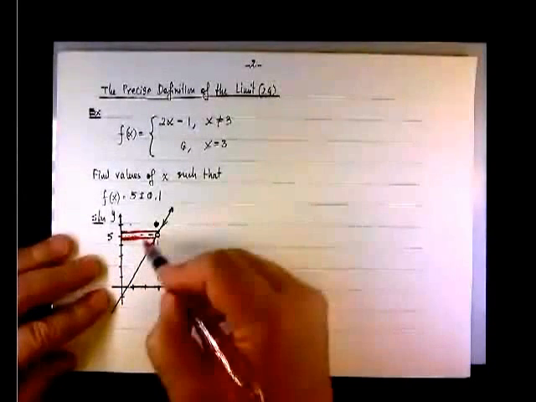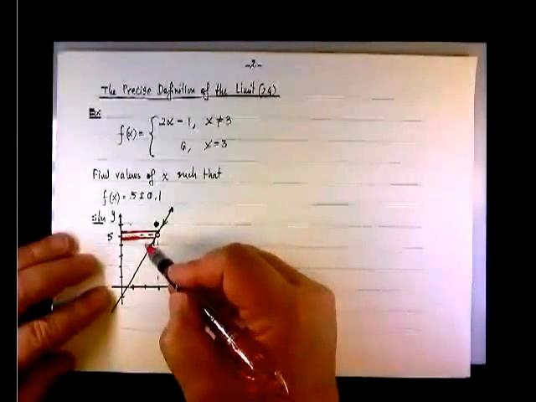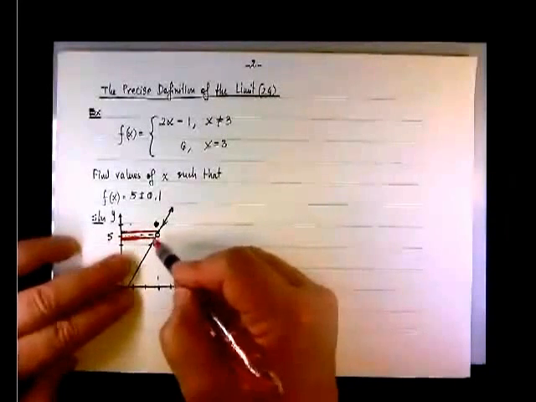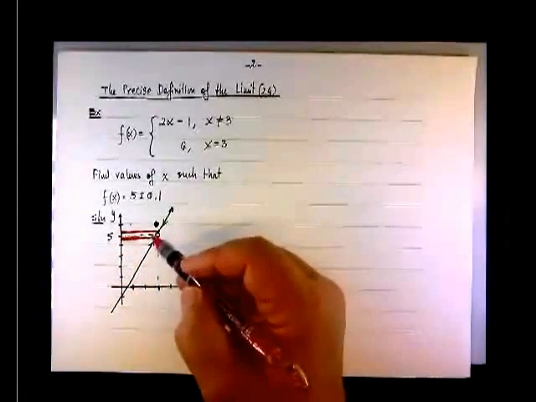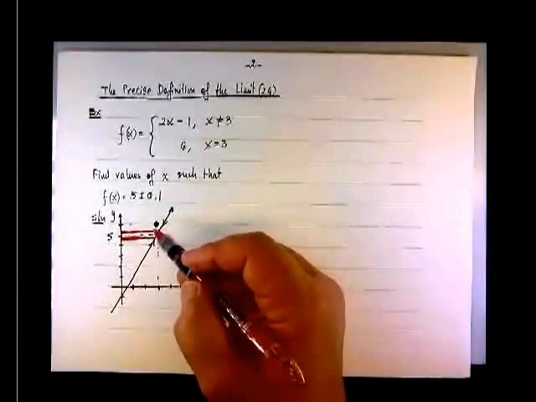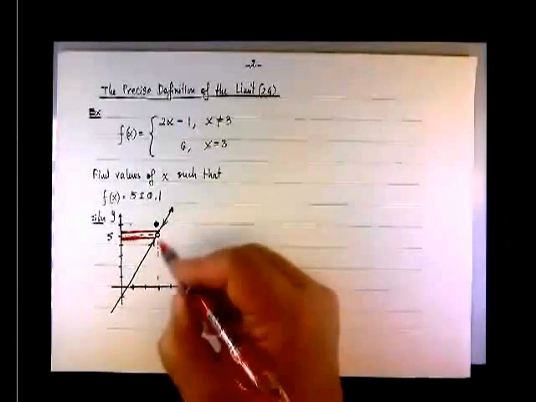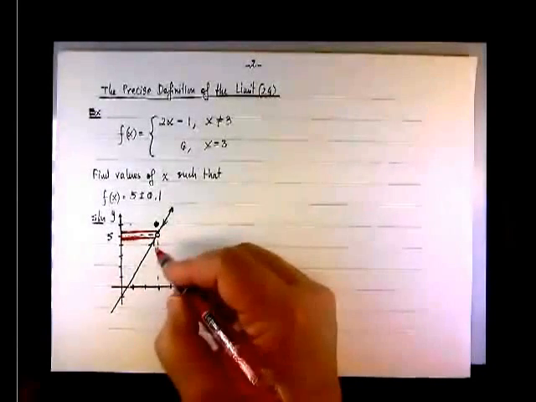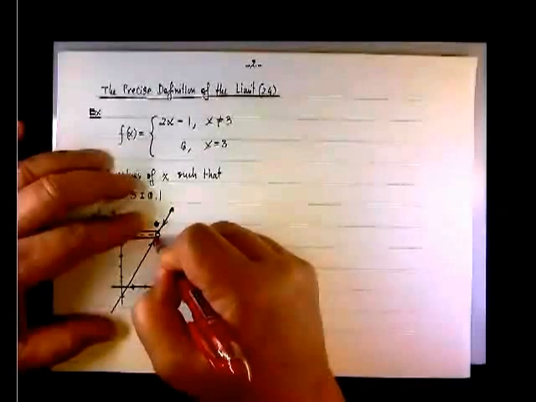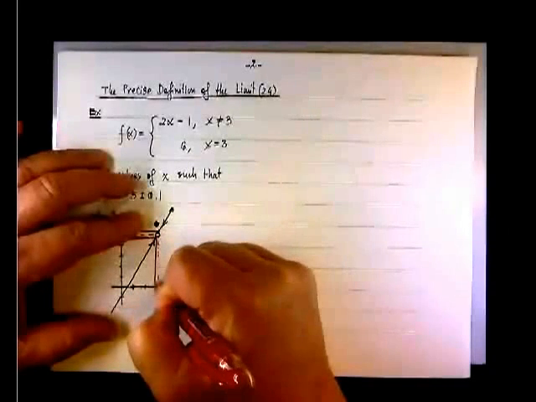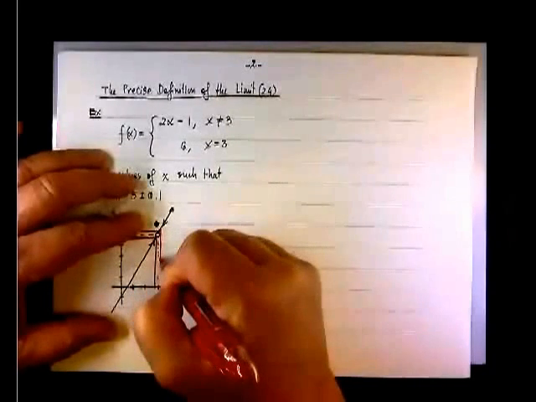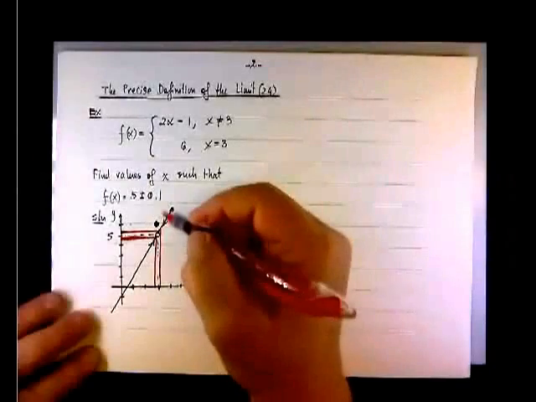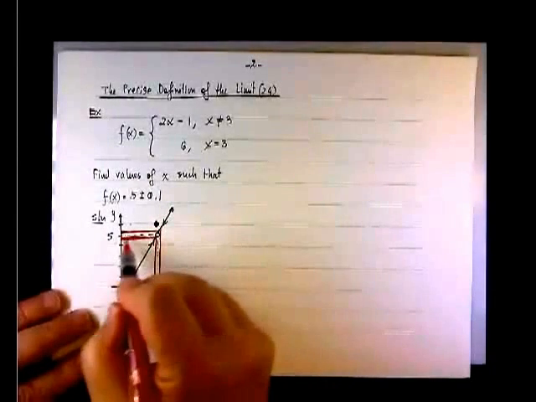We accept all values inside this sleeve, because we want to find 5 plus or minus 0.1. Actually, we want to find the corresponding x values, and the corresponding x values will be right here, like so. So, the idea is this.